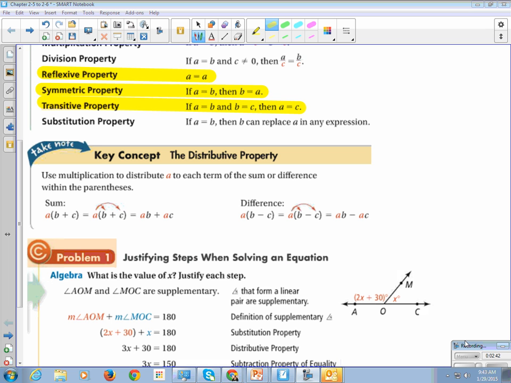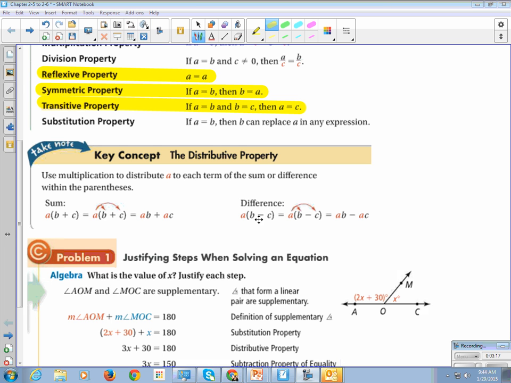The next part, the distributive property. Oh my goodness, we've been using the distributive property for days and days. It says that if I have a number or an item being multiplied out in front of parentheses, every item inside the parentheses, as long as it's separated by a plus or a minus, gets multiplied by that value. So for this example, A gets multiplied by B, and A gets multiplied by C, and I keep the plus.